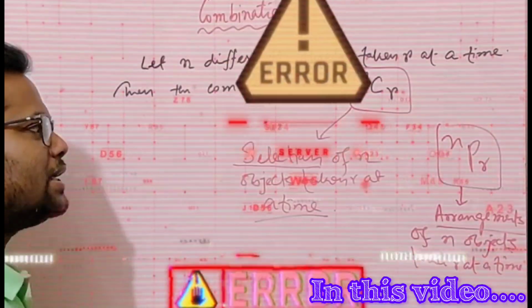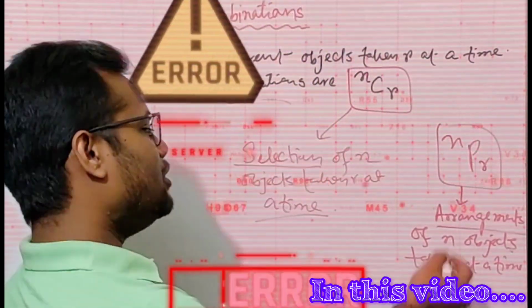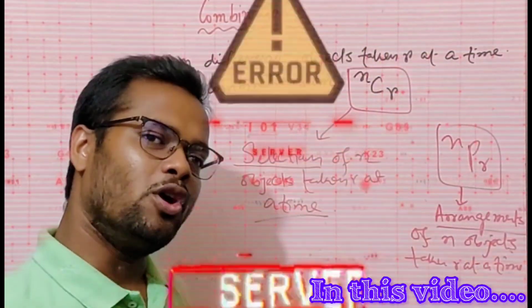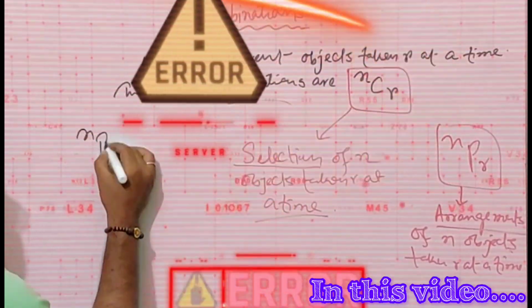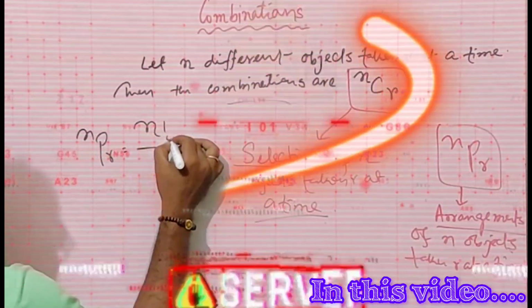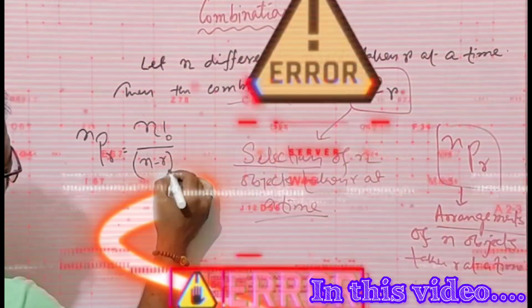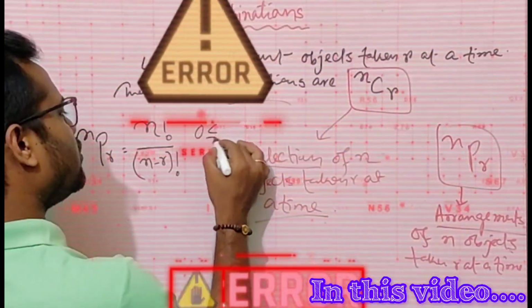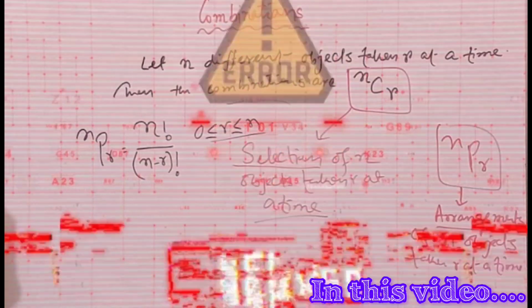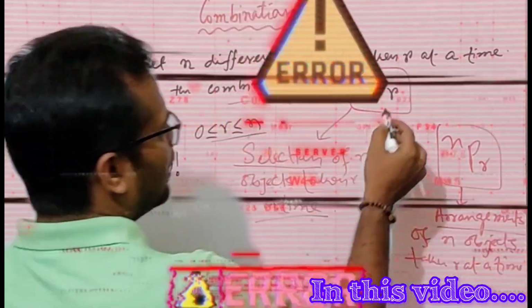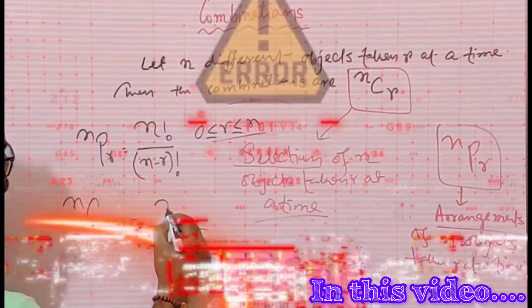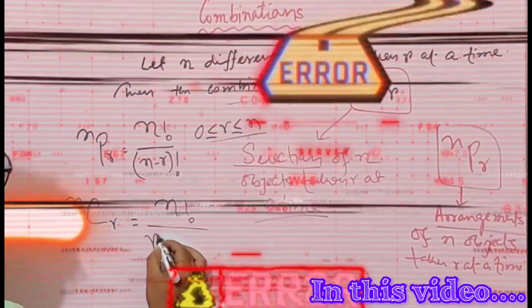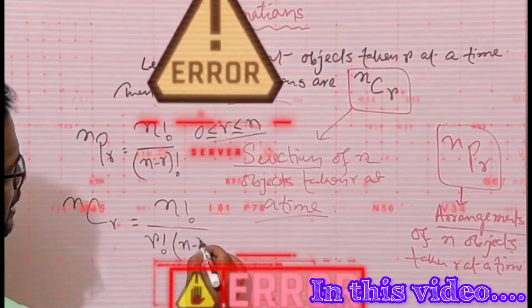So if there is selection, that will be combination, and if there is arrangement, that will be permutation. Okay, clear? This should be remembered. Okay, learn nPr equal to n factorial divided by n minus r factorial, for the values of 0 less than or equal to r less than or equal to n. Similarly, the formula of nCr equal to n factorial divided by r factorial into n minus r factorial.